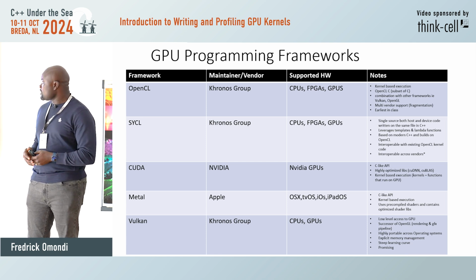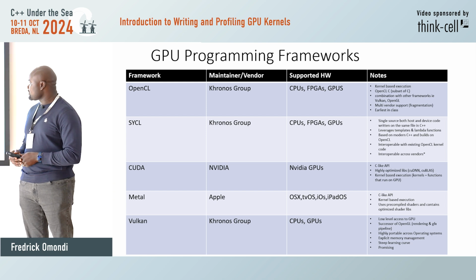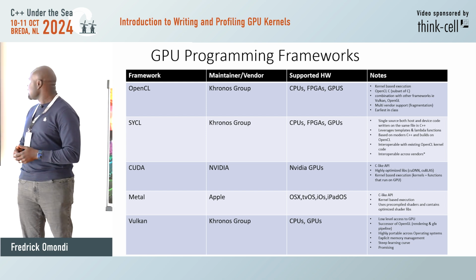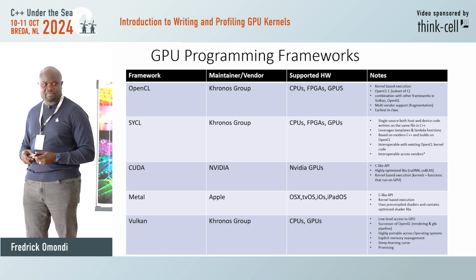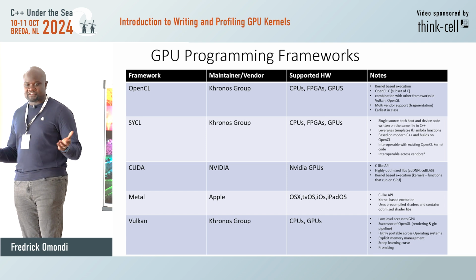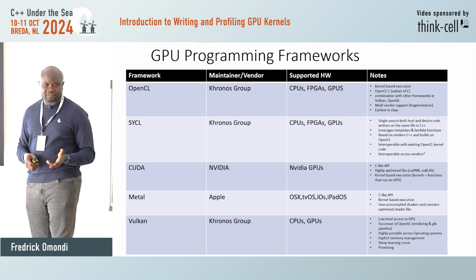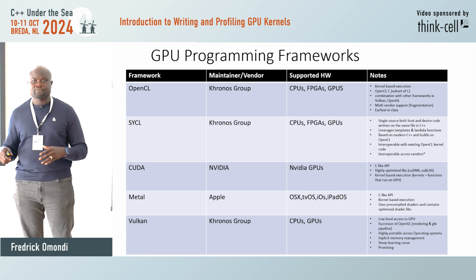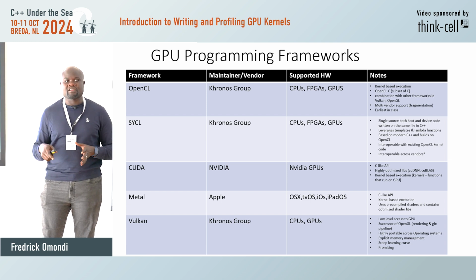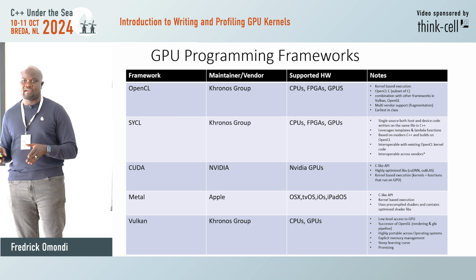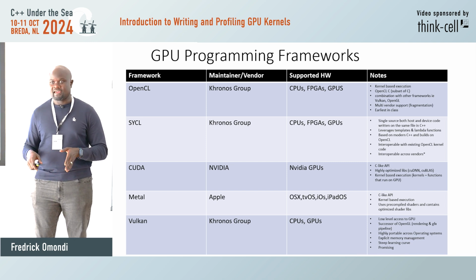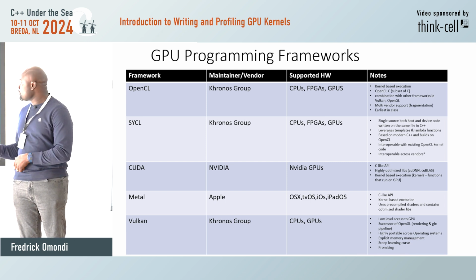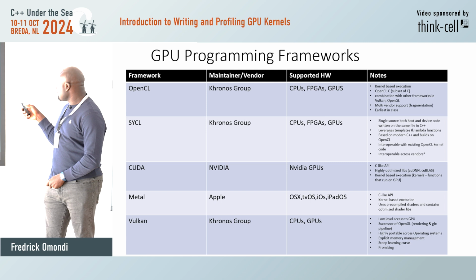And we have SYCL. SYCL is what we will be focusing on today, just because SYCL is more in line with C++, and it uses lambdas, templates, and so on, and it gives a more natural harmony between existing C++ code and the GPU. So we're going to be focusing mostly on SYCL.